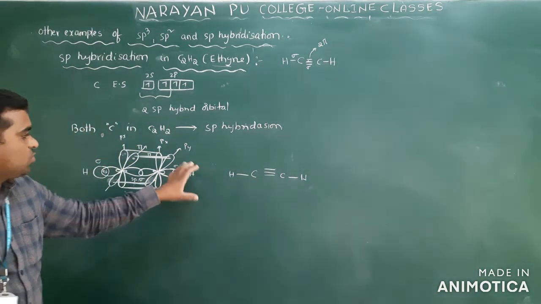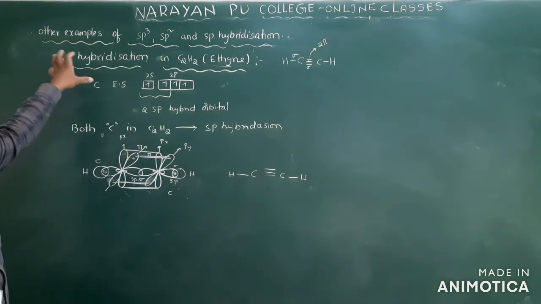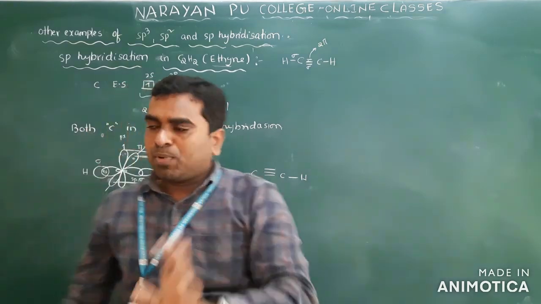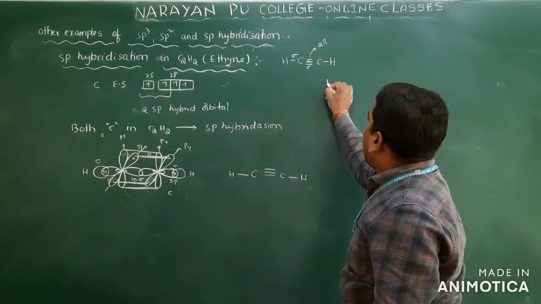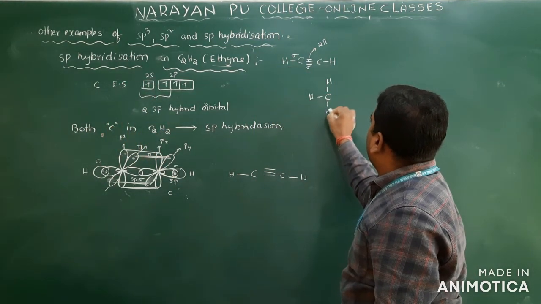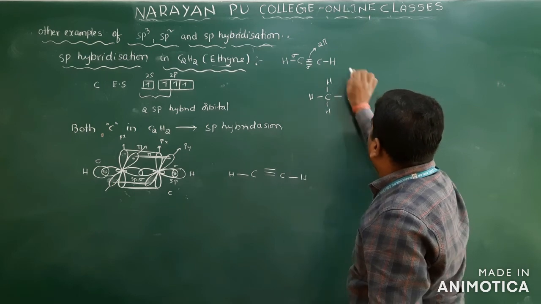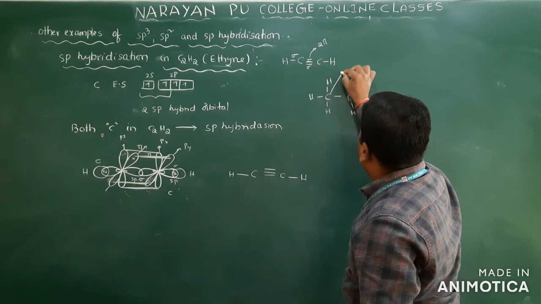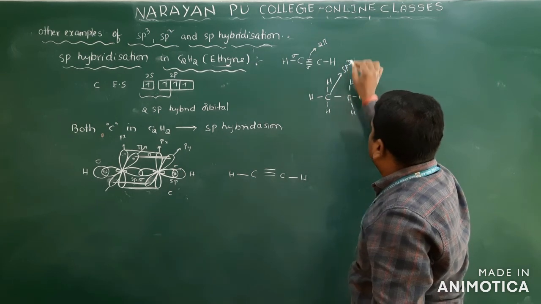So this was one example of sp hybridization. What is the example of sp3 hybridization? Ethane. Remember, simple: if carbon has all single bonds around it, as in ethane, then carbon should be sp3.